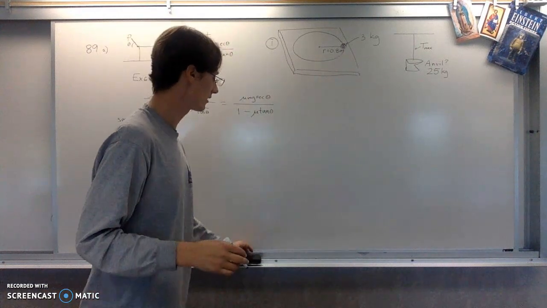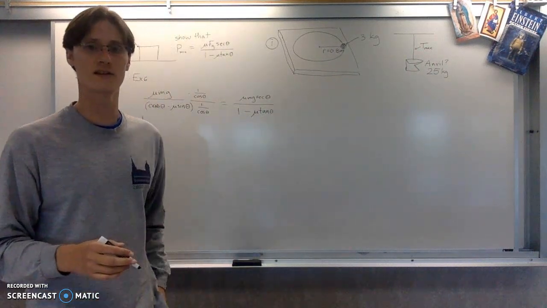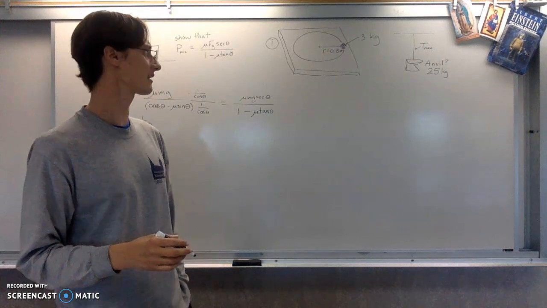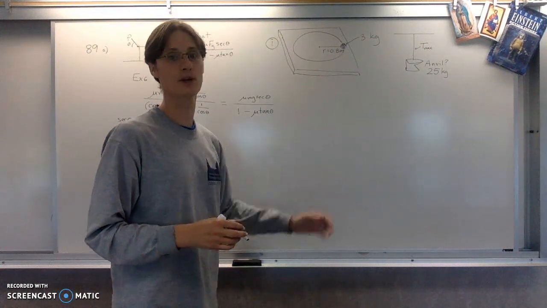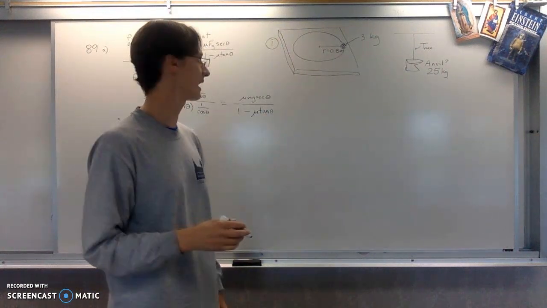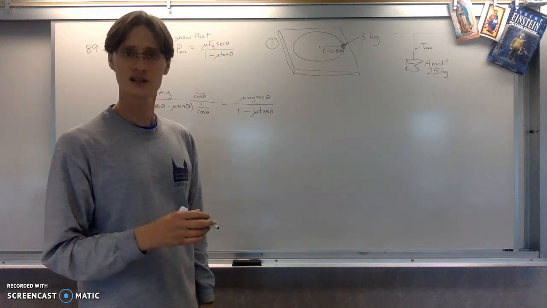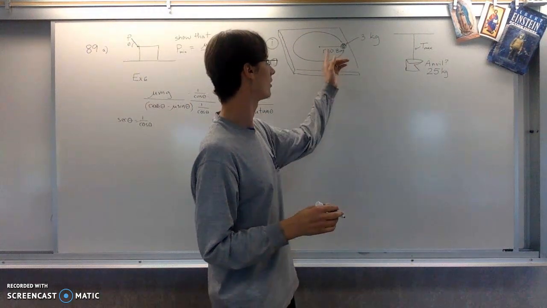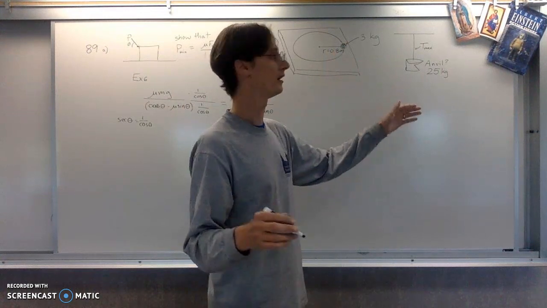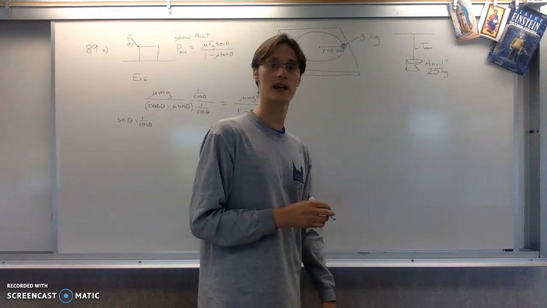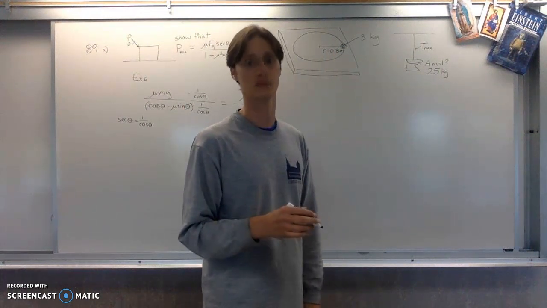For this one, they want to know the range of possible values for the velocity that this 3 kilogram puck can have as it goes around that circle. And then seemingly unrelated to that, they tell you this same string held up a 25 kilogram weight earlier today before snapping.